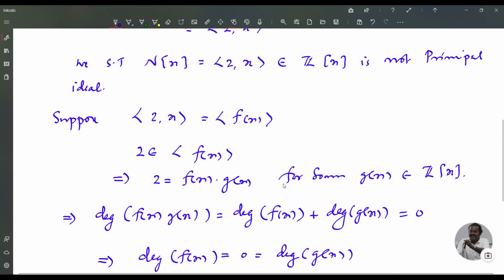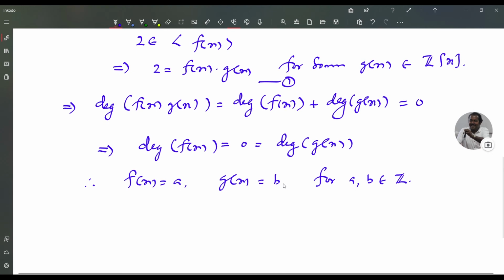Now, if you take this as equation 1, from 1, 2 equal to a times b.